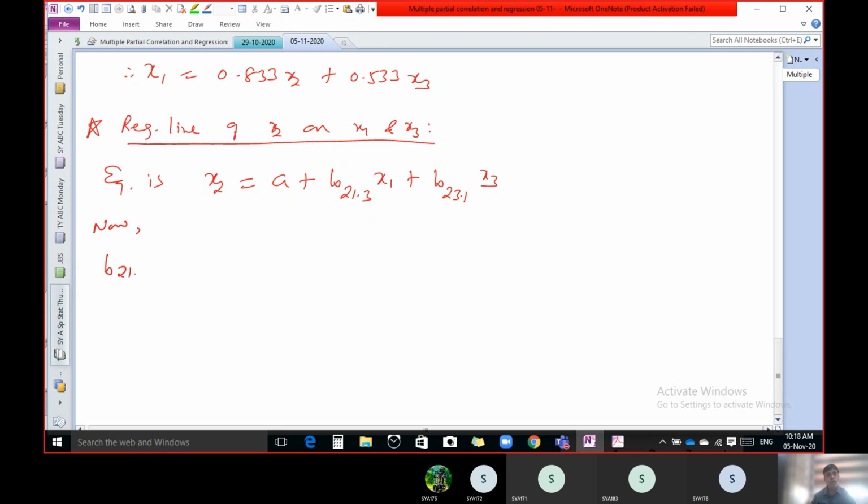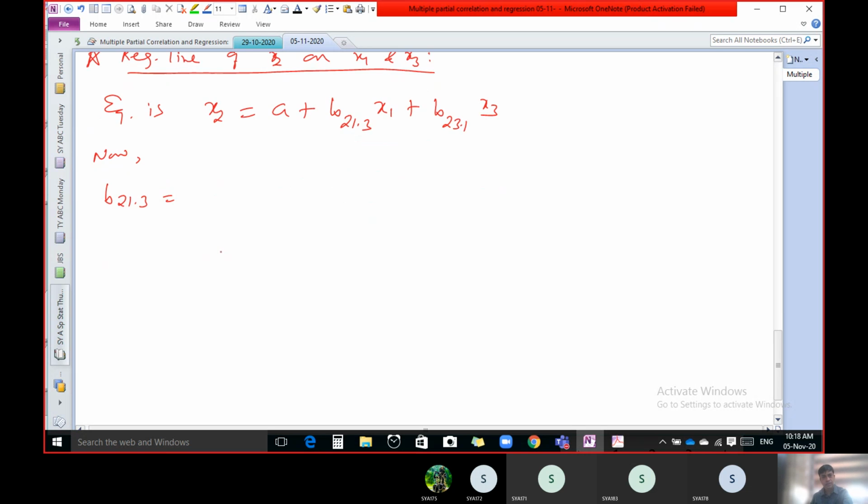Now b21.3 or b12.3, anyone. Tell me what is the formula, just try. Try to write the sigma formula.